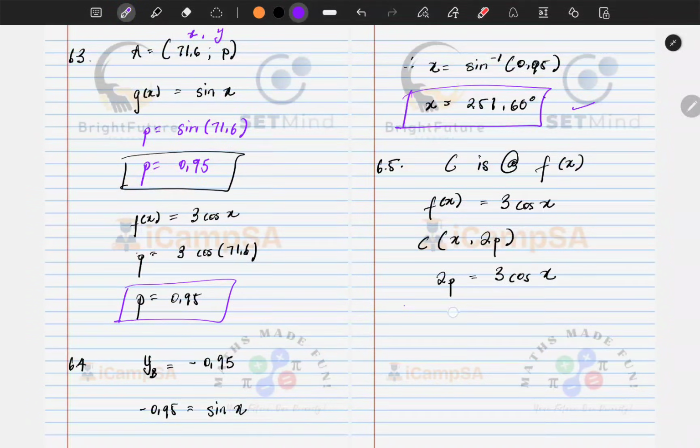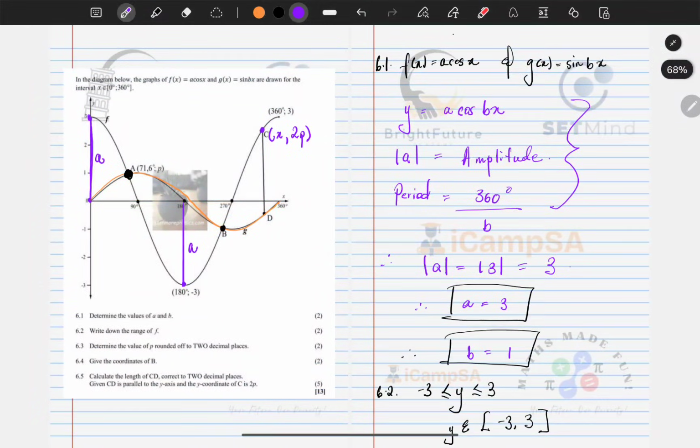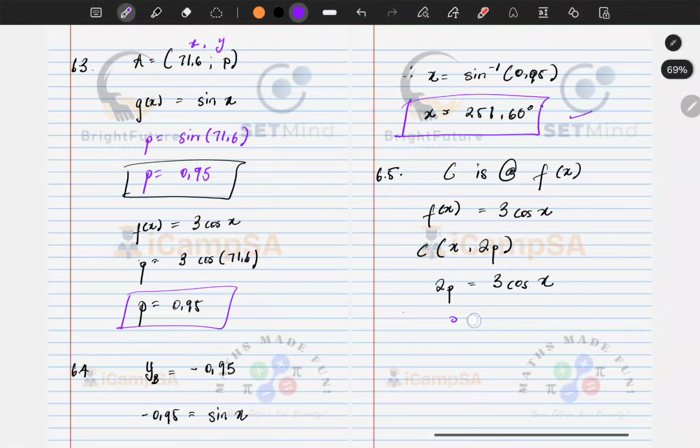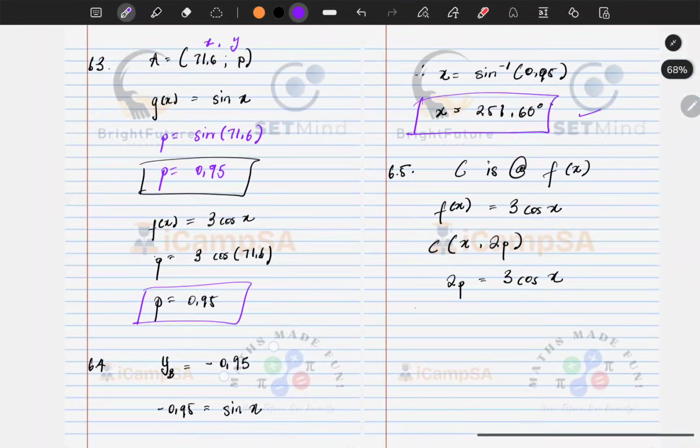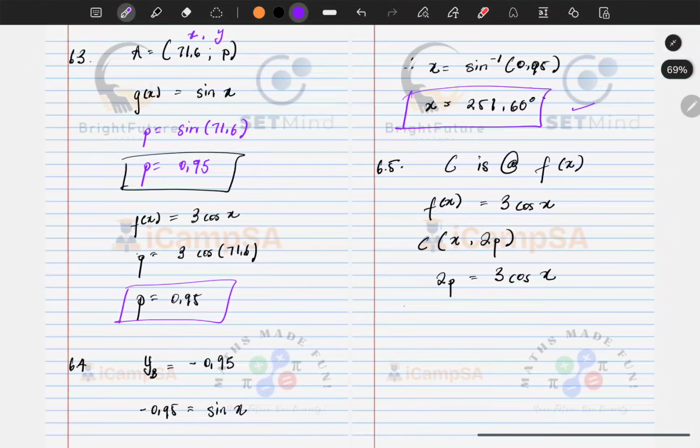Remember, what do we know? We know that p is equal to, and we are going to take the positive one. So P at C should be greater than or equal to 0, or it should be positive, right? So that means that we are going to take the positive one, right?